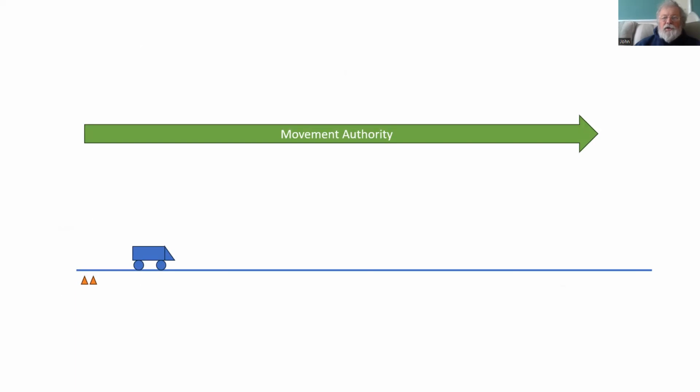So our movement authority is held by the train, and that is referenced back to our LRBG. Message 15 is the conditional emergency stop, and that contains a distance, D emergency stop, referenced to the LRBG. And that distance is the location of the emergency stop.